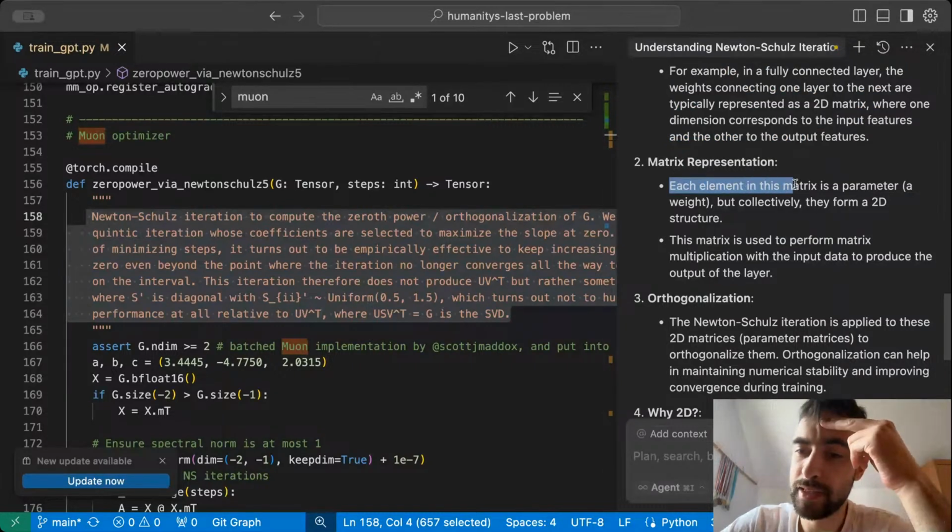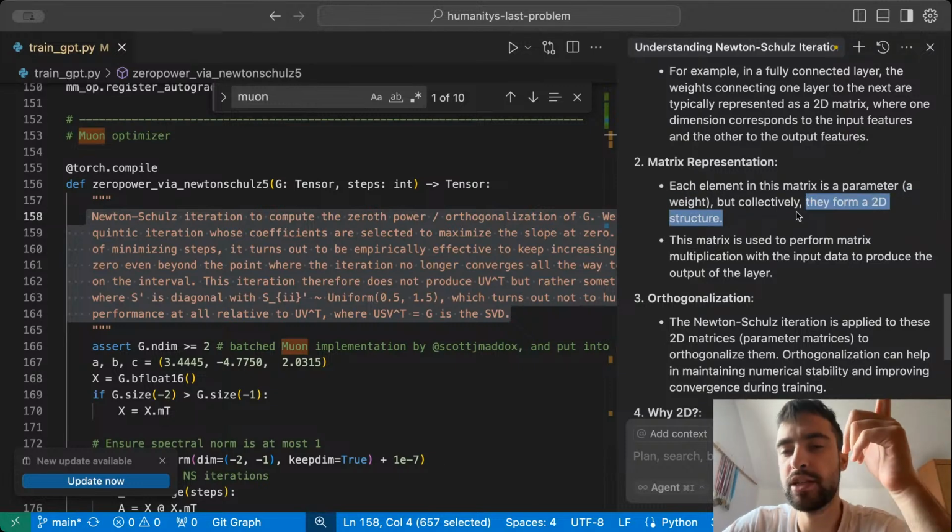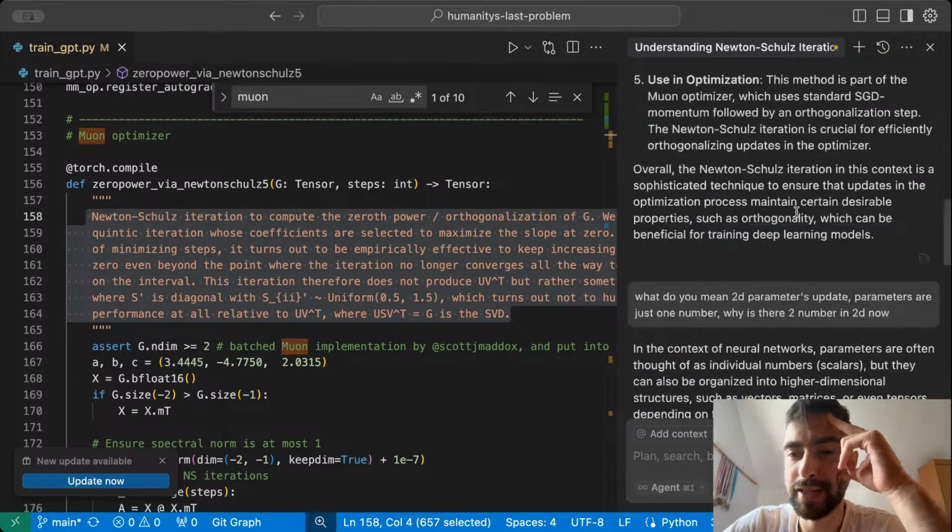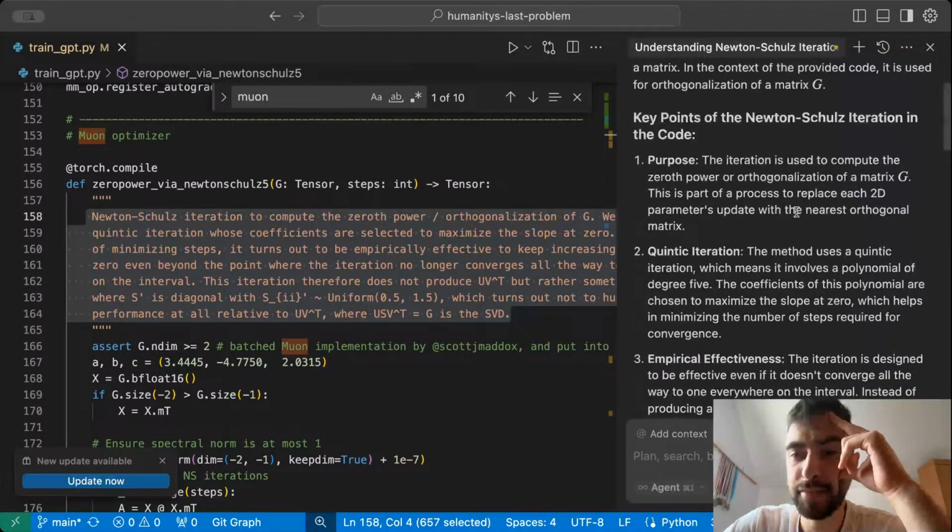Each element in this matrix is a parameter, a weight, but collectively they form a 2D structure. That's what I meant, but it said something else.